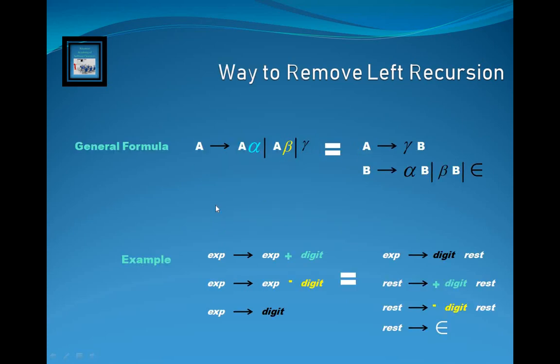Here we recall our general formula to remove left recursion from a grammar, which we learned in the last lecture.